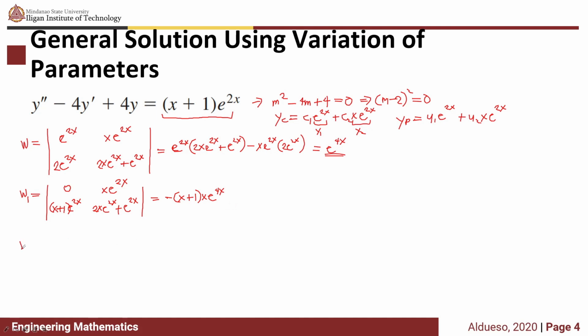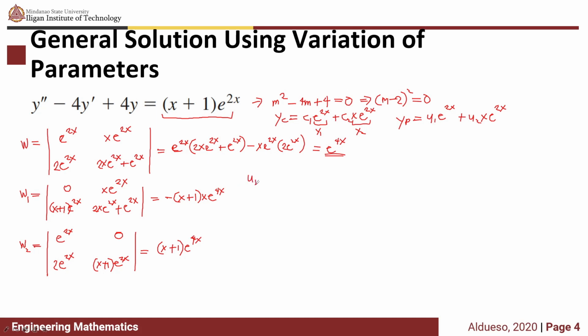Now for w2, we have e to the 2x, 2e to the 2x, 0, and (x plus 1) e to the 2x. Getting the determinant of this matrix, we have (x plus 1) e to the 4x.